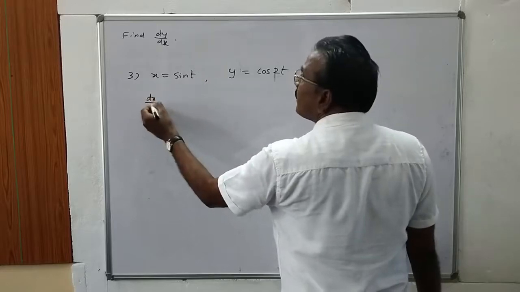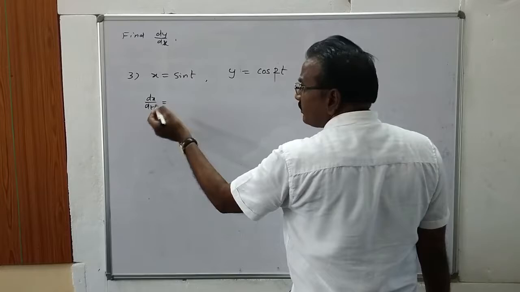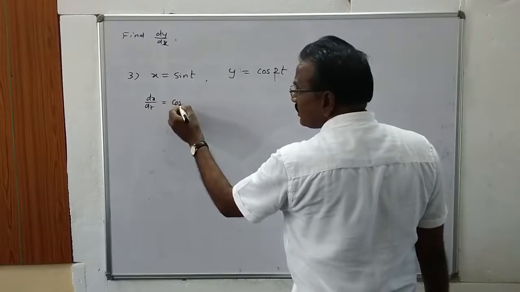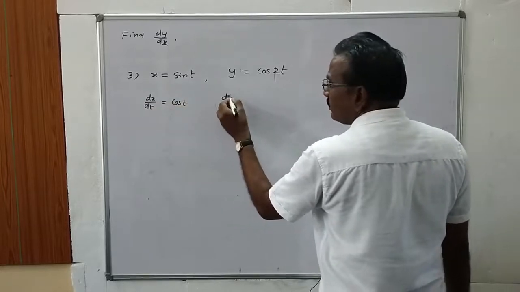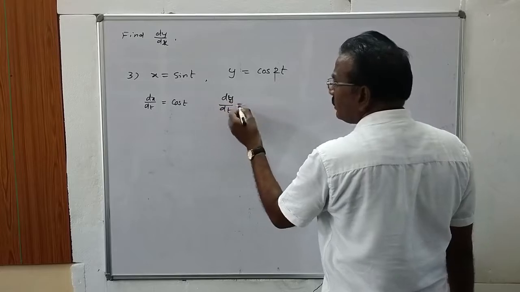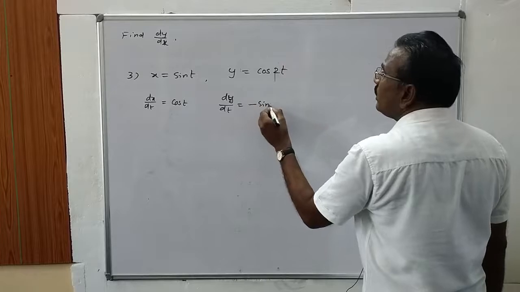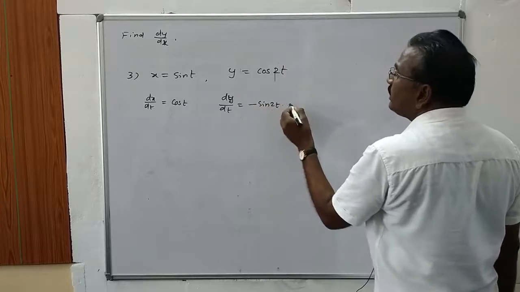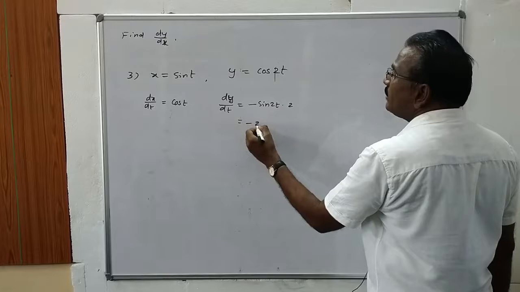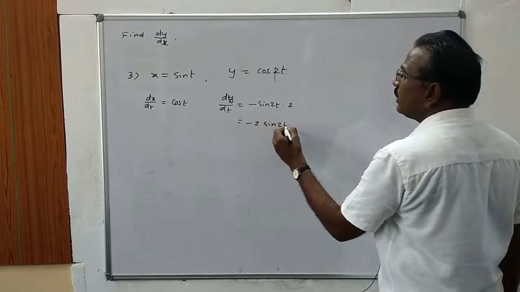Find the dx by dt value. So the derivative of sin t with respect to t is cos t. dy by dt is equal to the derivative of cos 2t with respect to t, which is minus sin 2t into the derivative of 2t, which is 2. That is minus 2 sin 2t.